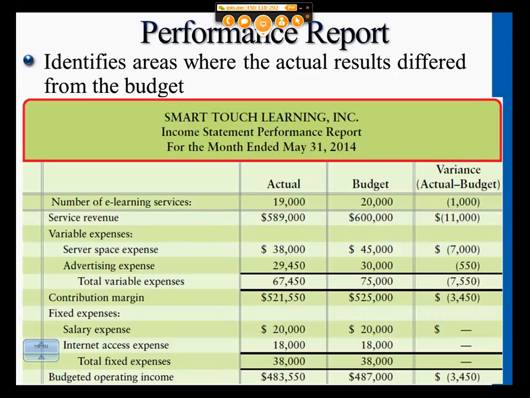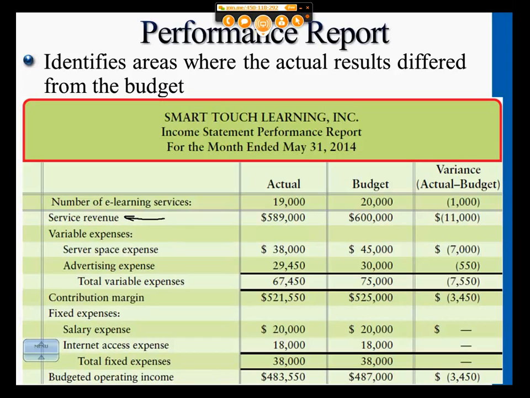So let's look here at what's going on. We have a service revenue, right? Let's look right here. So our service revenue is 589 and 600. What does it tell me? If I take my service revenue and I divide it by the number of e-learning services, what is it that I'm going to get? About the revenue per service.